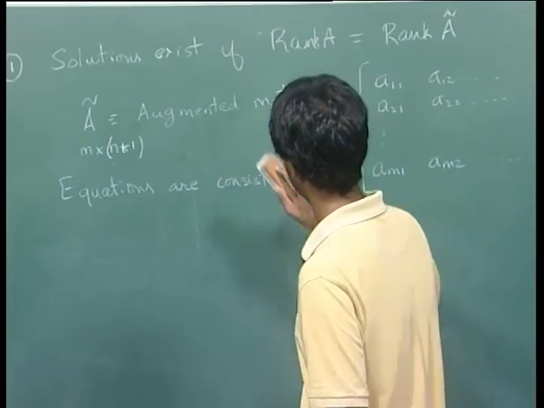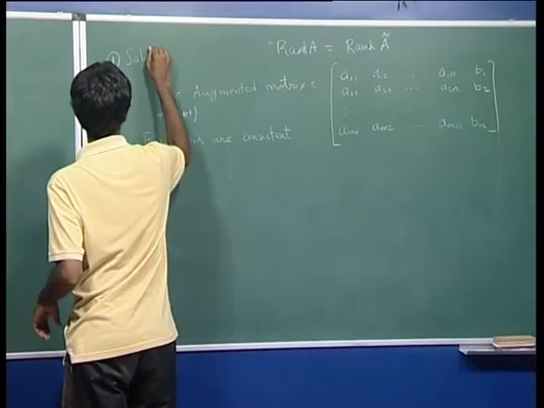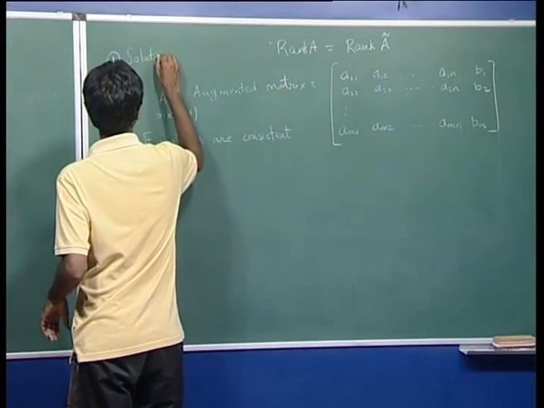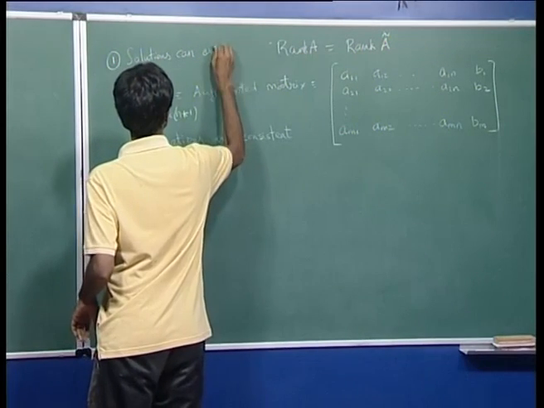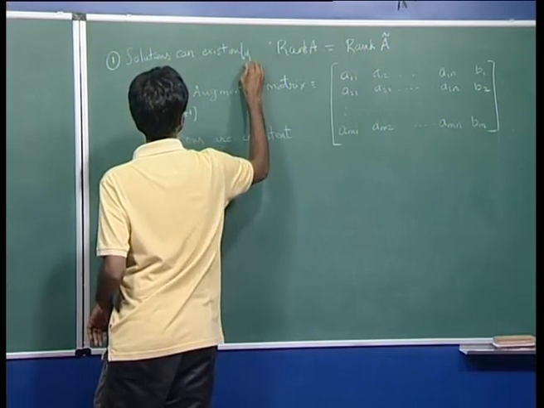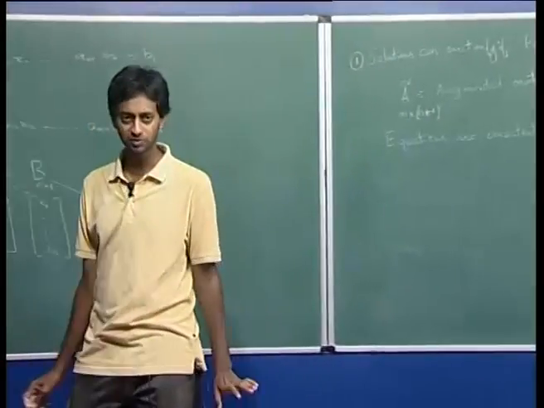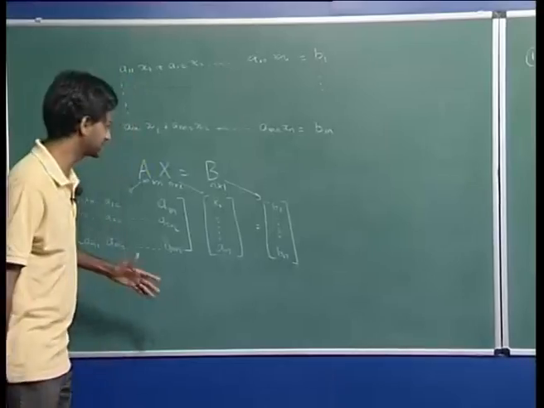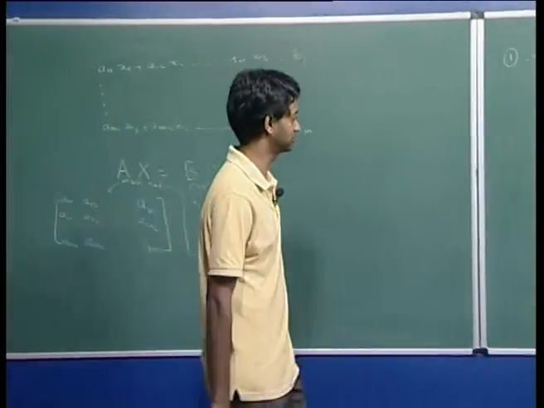Okay. So, probably I should write this as: solutions can exist only if rank A equals rank A tilde. So, the first thing is that whatever equations I give should be consistent with each other, and that is true only if rank of A is equal to rank of A tilde.